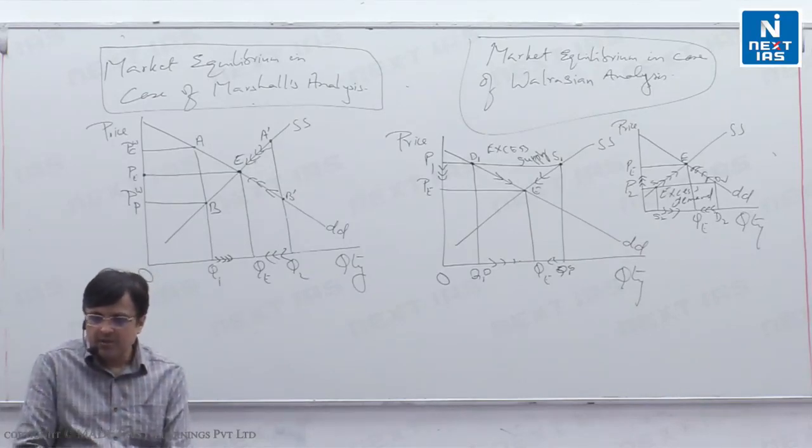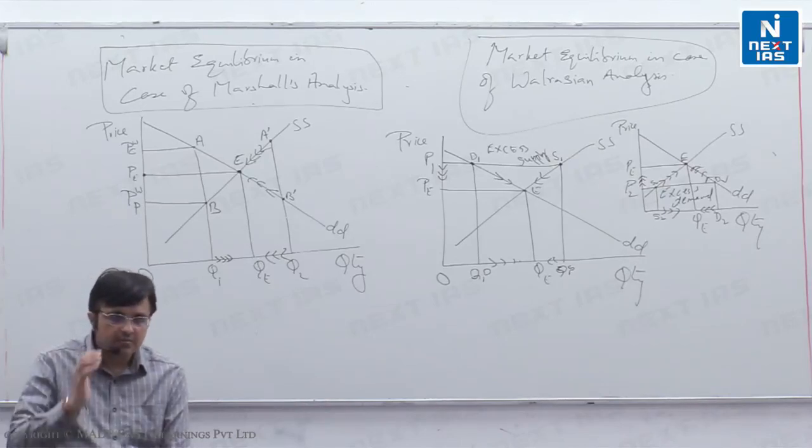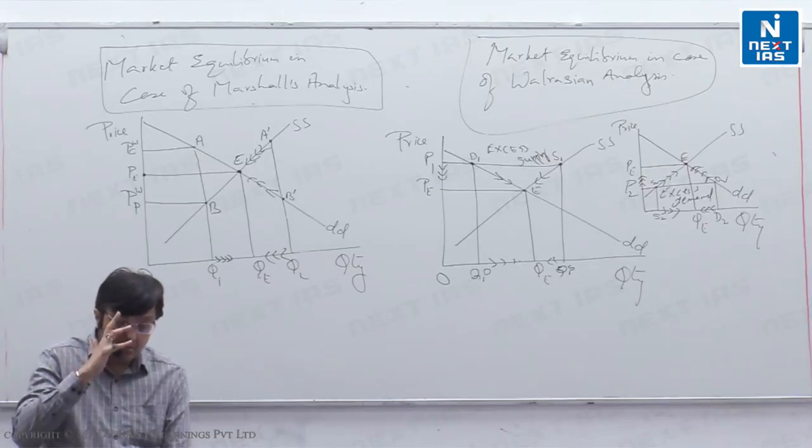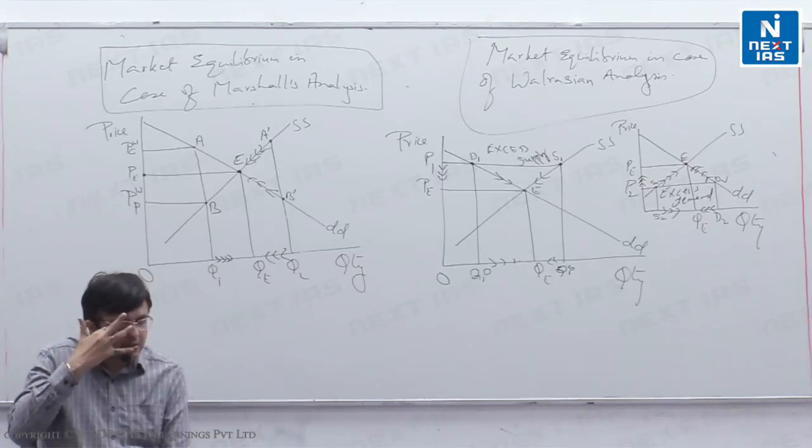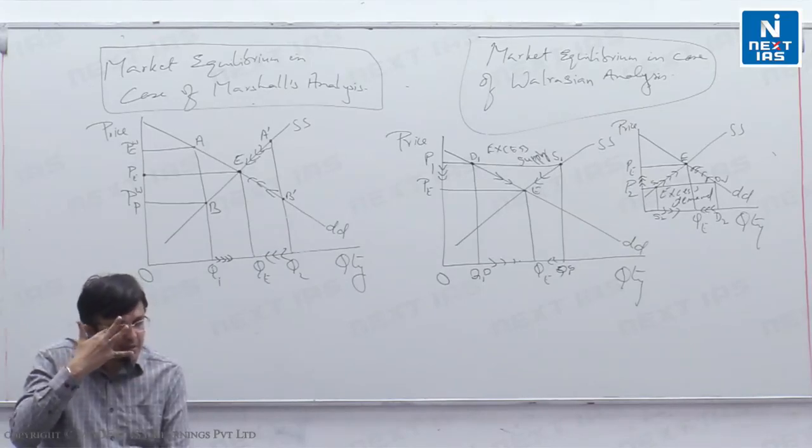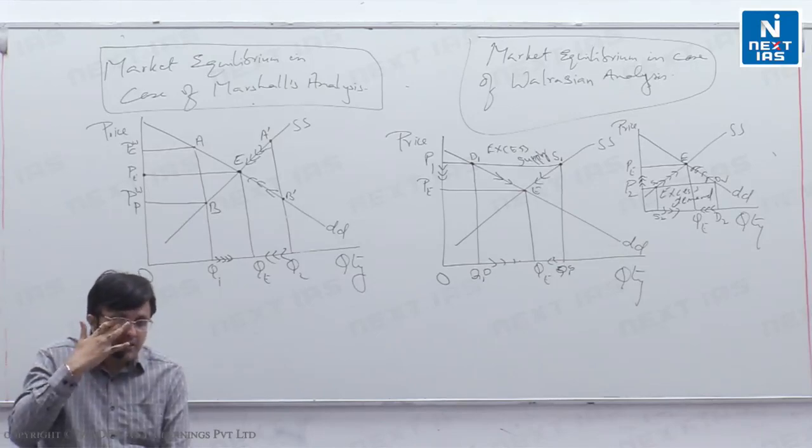So you write, supply contracts and demand expands. Full stop. It continues till price reaches PE, where demand matches supply.